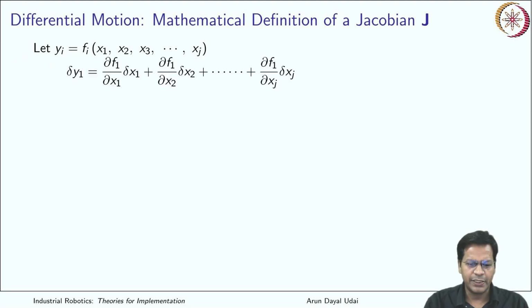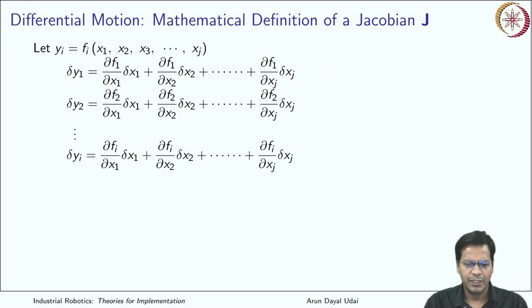If you take the partial derivative of y, you can quickly write it as: y1 is the first output variable, yi is the ith variable, x1 to xj are the j input variables. Taking with respect to the first output variable, you can write it like this. Next, going in a similar manner, you can directly write it like this.